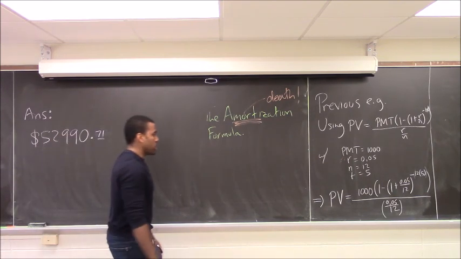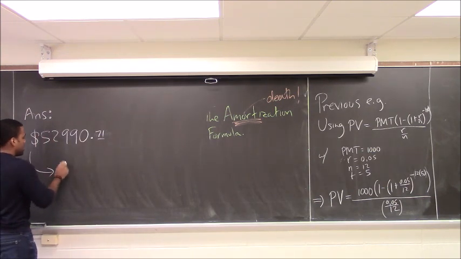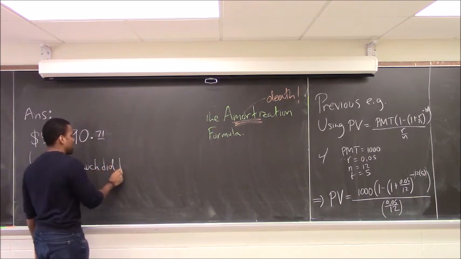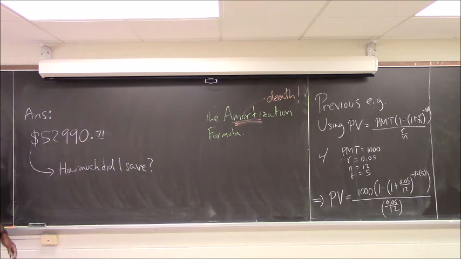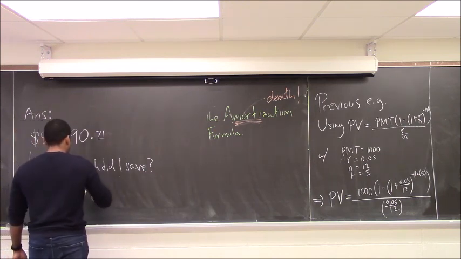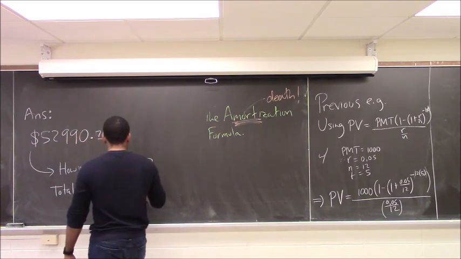Now that's a big chunk of change, to be sure, but let's look at how much did I save. Like how much of this work is the interest going to do for me? Like the total of all payments would be what? 60,000.